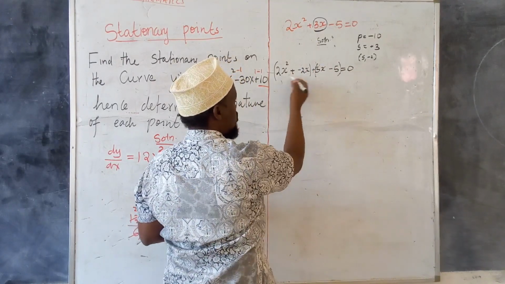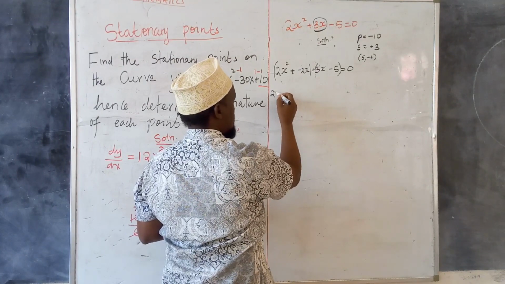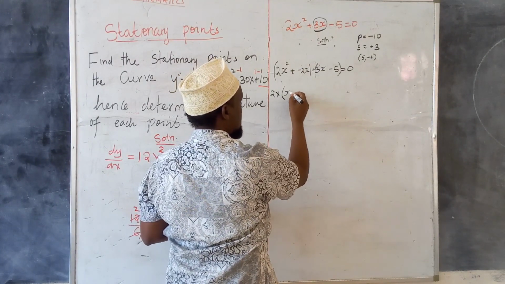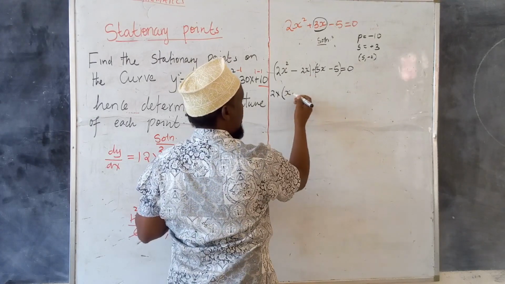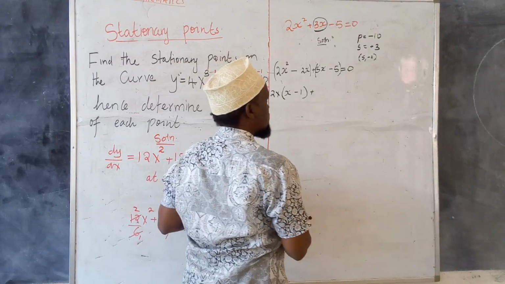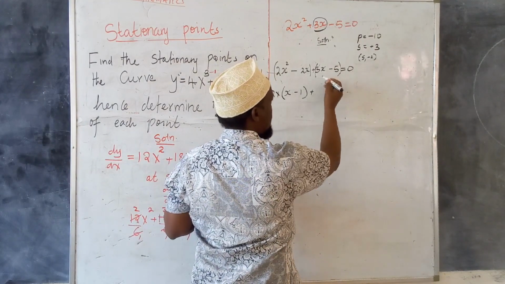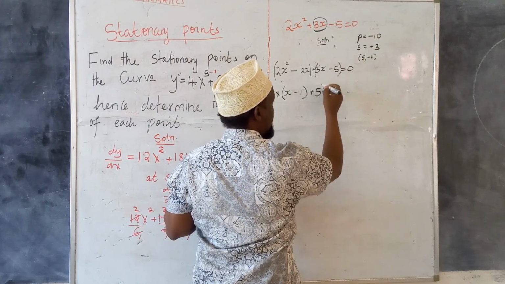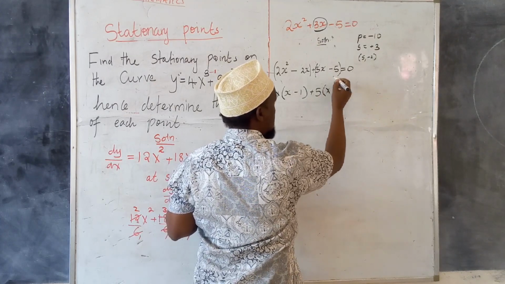So here we have 2x as common factor. 2x squared divided by 2x, here we have x. Negative 2x divided by 2x, here we have minus 1. Plus, here we have 5 is common, so we factor out 5. 5x divided by 5, we have x.